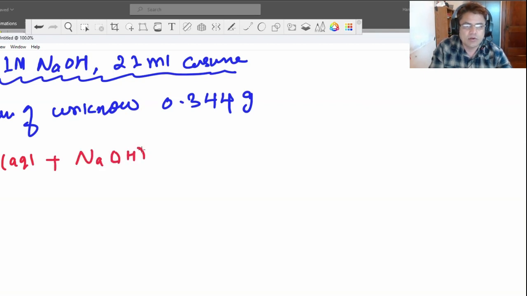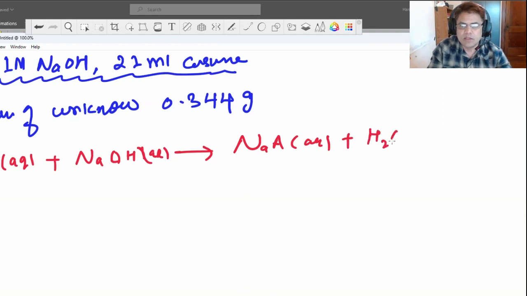Now, what is the molar equivalence of this HA and NaOH? 1 mole of NaOH is equivalent to 1 mole of HA, 1 to 1. If 10 moles of NaOH are consumed, then your unknown is also 10 moles. So now let's see how many moles of NaOH are consumed.